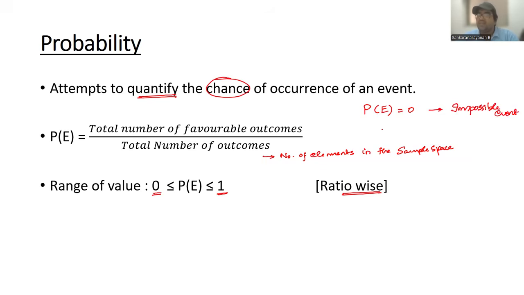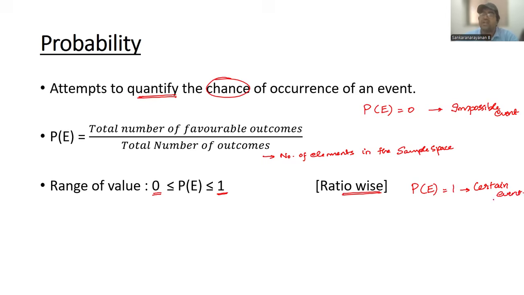In the same way, I'm defining another event. When I'm rolling a dice, what is the probability that I'm going to see either an even number or an odd number? In that case, I will say P of E is equal to 1, and it's 100% going to happen. I will say that it is a certain event.